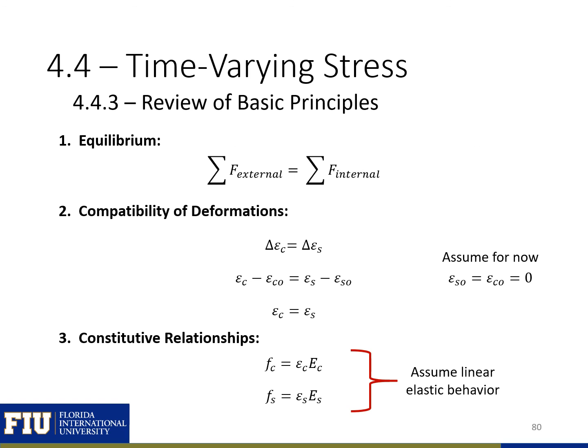Before moving on, we're going to do a quick review of our basic principles. First, equilibrium. All analyses must always satisfy equilibrium, which means in our case that our external forces always need to be equal to the summation of our internal forces. Next, we must satisfy the compatibility of deformations. This essentially means that when our different materials are used in a member, the materials are assumed to act as one unit.